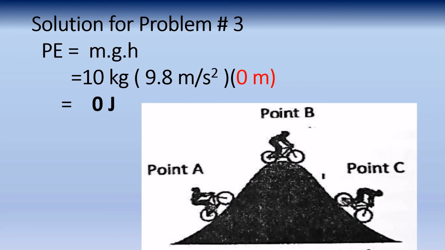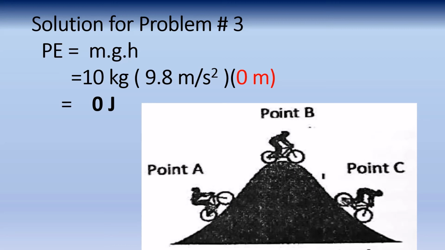Take a look at this example. If we have a bicycle going up to the top of the hill and then down, what do you think will happen to our potential energy at every point? Okay, let us see point A. So when this bike climbs up, the potential energy will increase.